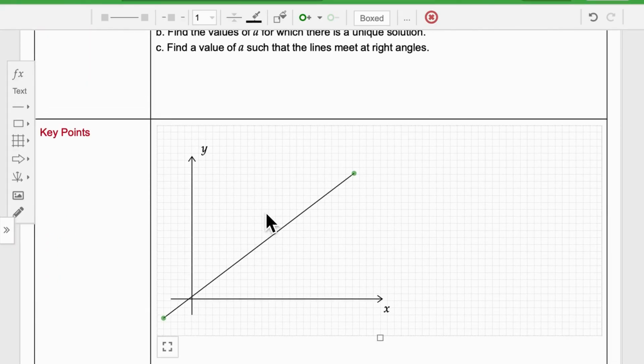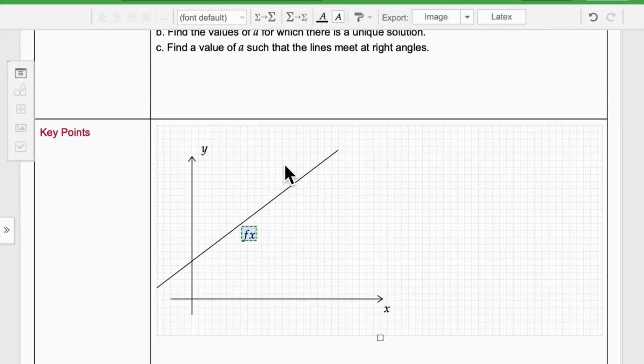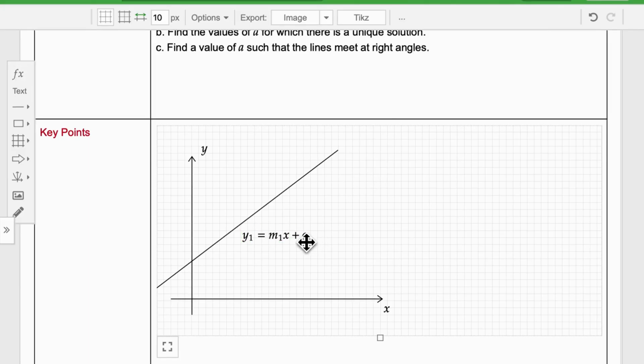So I will draw a straight line, and I can label it as y1 equal to m1x plus c1. Okay, let me type it again.